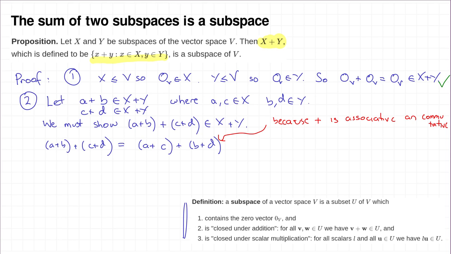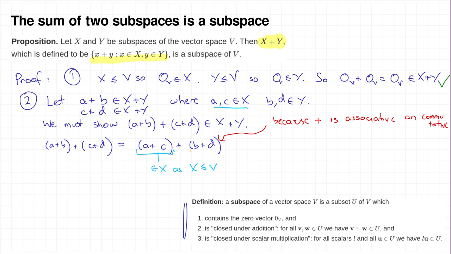Okay, now what can we say about this thing here? a and c, you'll remember, were elements of X. X is a subspace, so it's closed under addition. So this is in X because X is a subspace, therefore closed under addition.